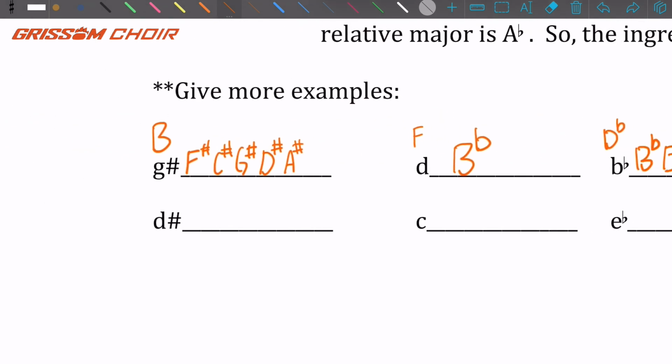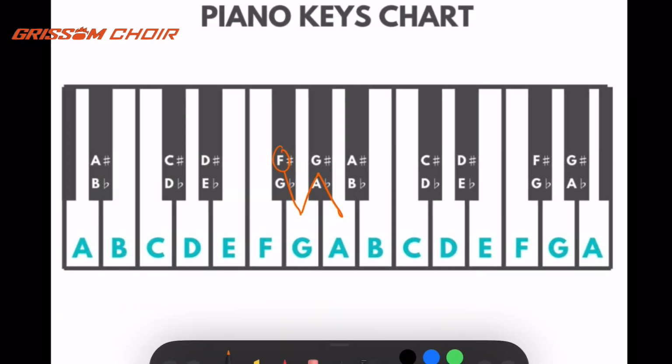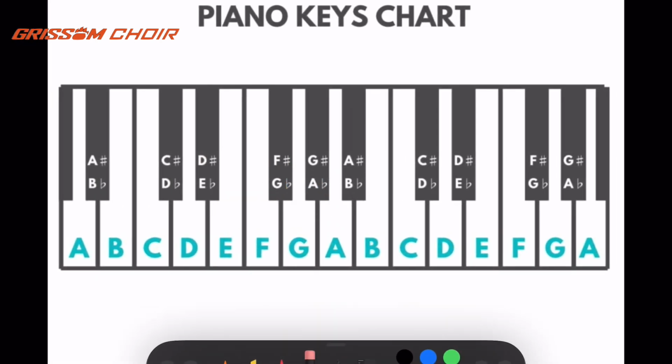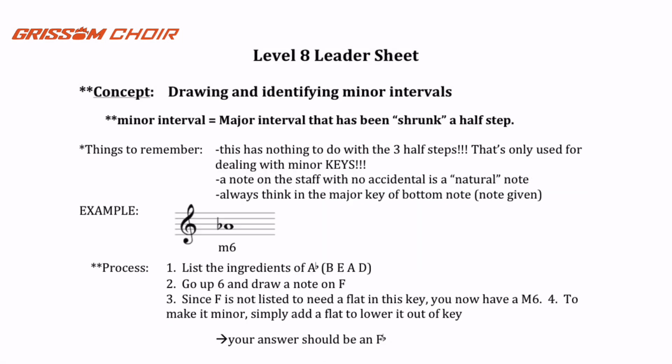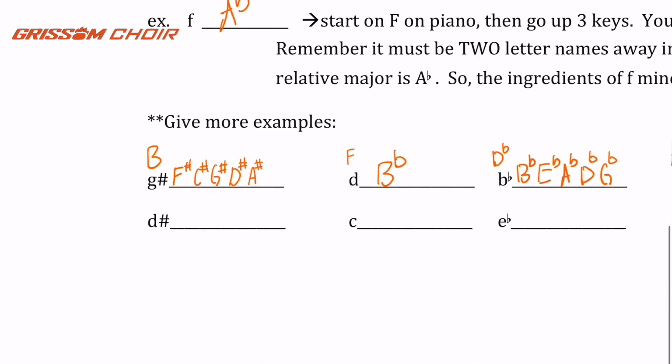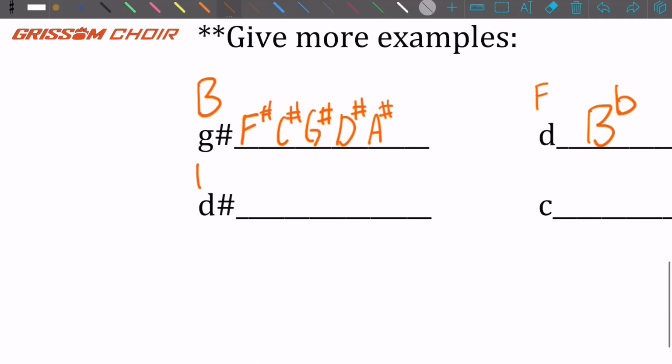Going down to D sharp minor, the relative major of D sharp minor, 1, 2, 3, and it has to be 2 letter names away, is F sharp major. F sharp major.